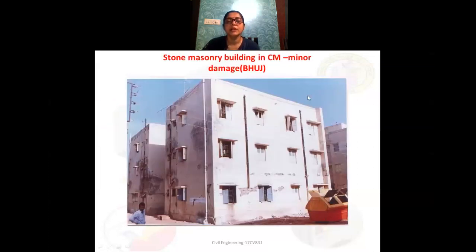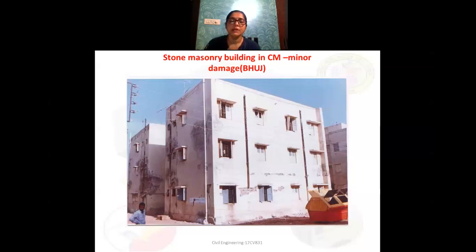Here you can see a building constructed with stone masonry using cement mortar as the joining between the stones. During the Bhuj earthquake, it performed better compared to masonry buildings, RC buildings, and steel structures.